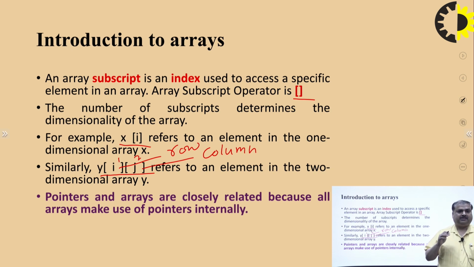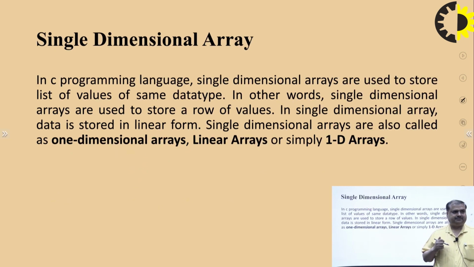And a very interesting thing is that the name of an array can also be treated as a pointer. We will explore this concept in coming lectures, but today we are exploring the basic concept of arrays: how arrays can be declared, how arrays can be defined, how arrays can be utilized, and some concepts related to arrays.